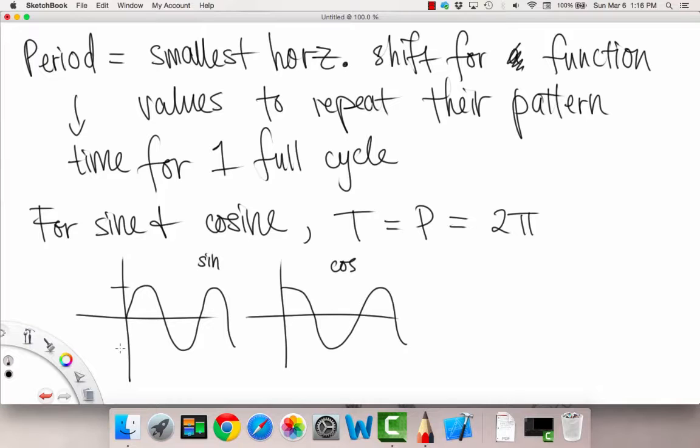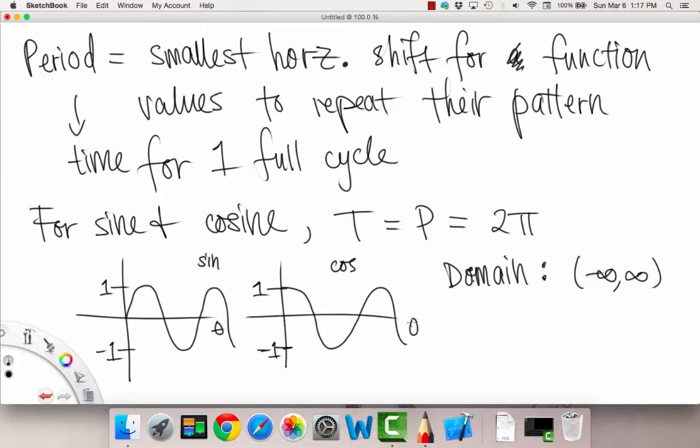Alrighty? And we had a maximum value of 1 and -1 for both of these graphs, and that's because when we're on the unit circle, we can't have an x or y value greater than 1, because our circle has a radius of 1. So it's impossible for sine or cosine to go beyond 1 or -1. So the domain for both sine and cosine is -infinity to infinity, because we can plug in any angle we want.